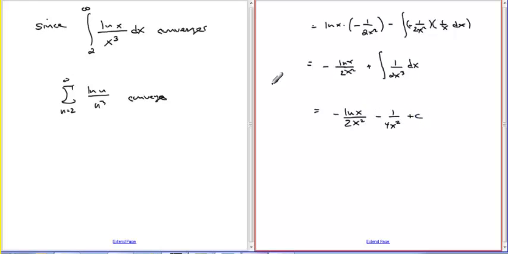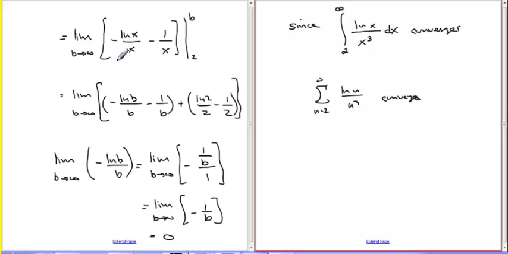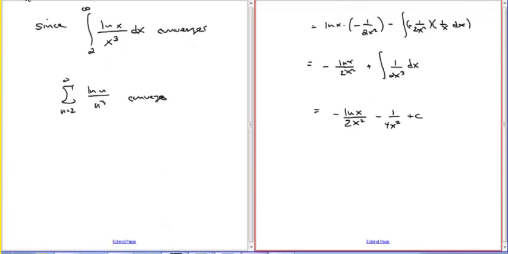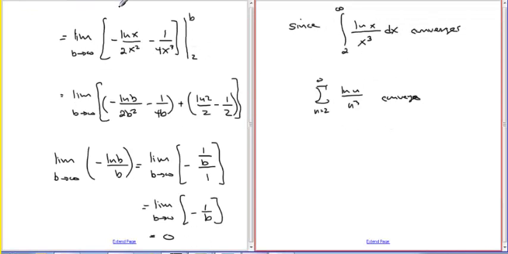I think that's all right. So we take that back to here. And so we've got 2b squared over 4b, and that's squared there.